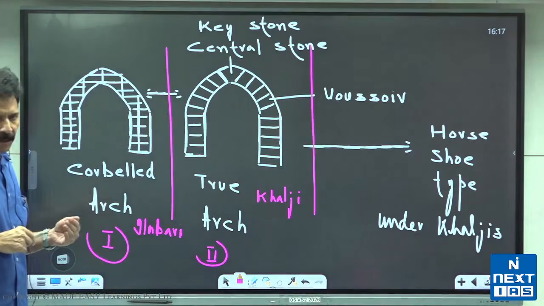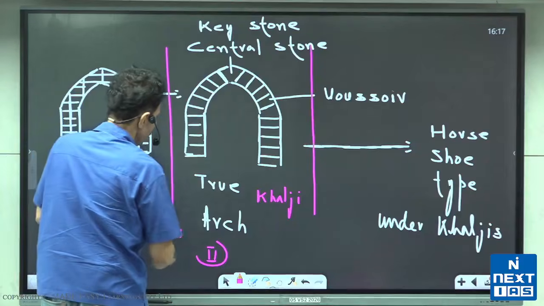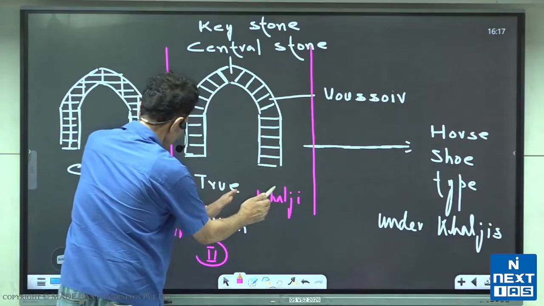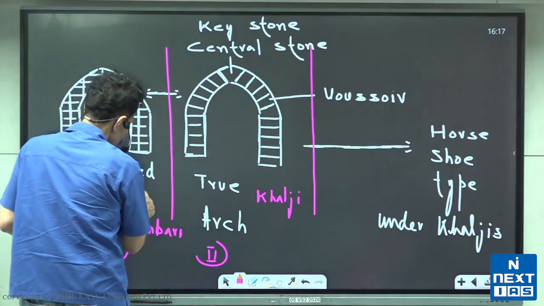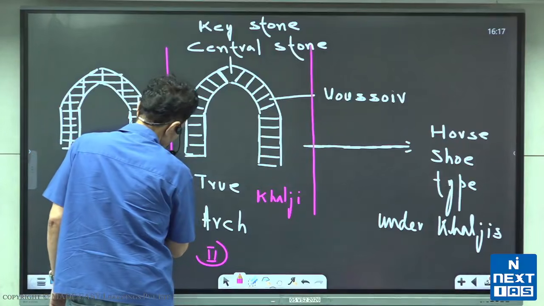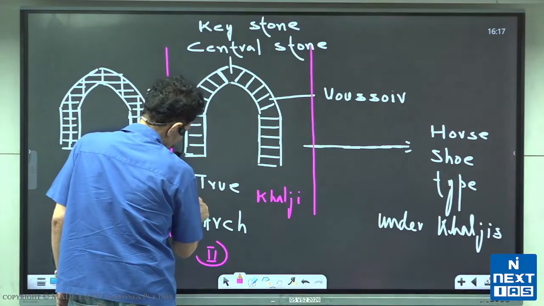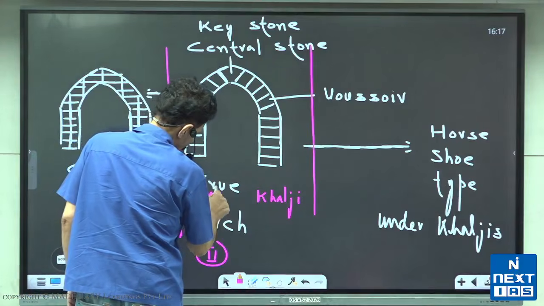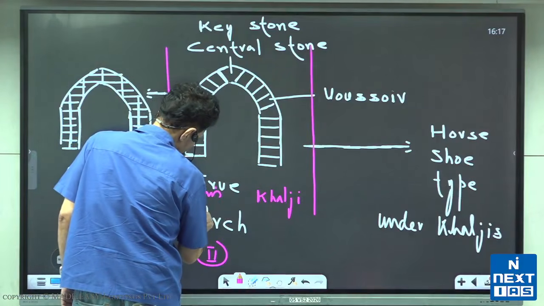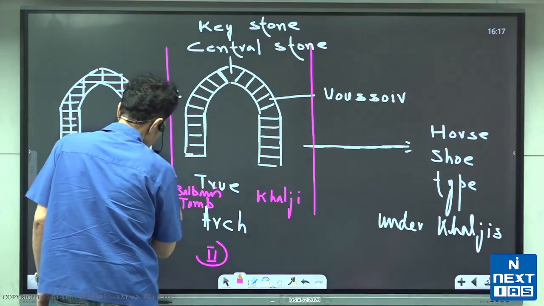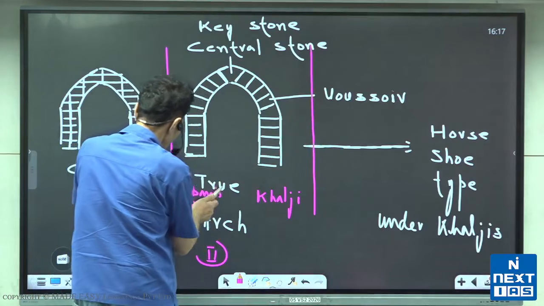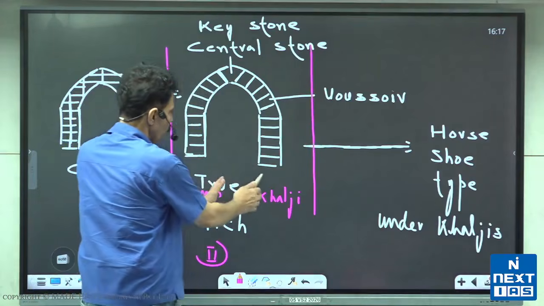Phase 2 is under the Khalji. But the first building where we find the true arch is Balban's tomb, in the first phase. So the first example of the true arch is here, but it became common under the Khalji.